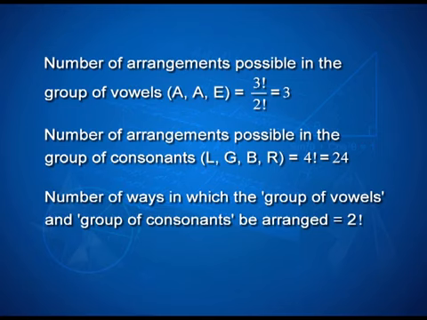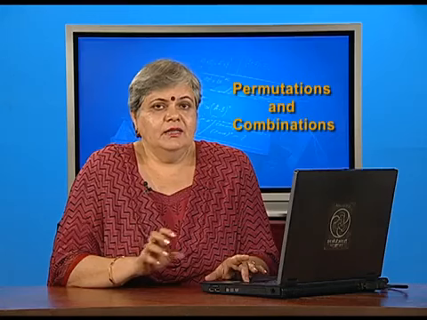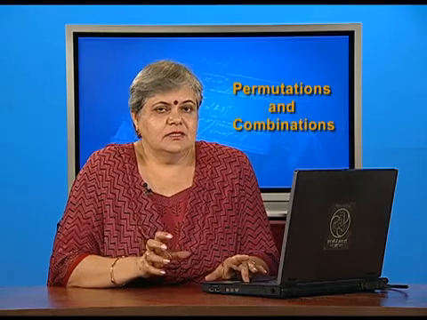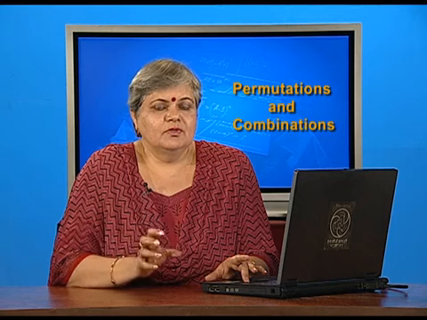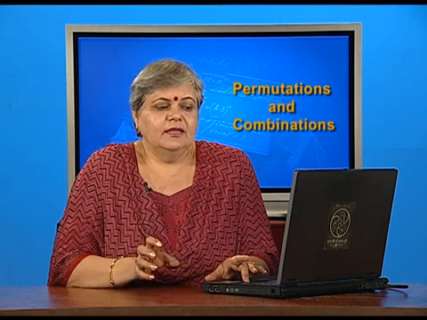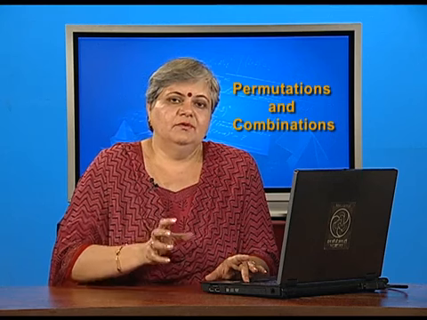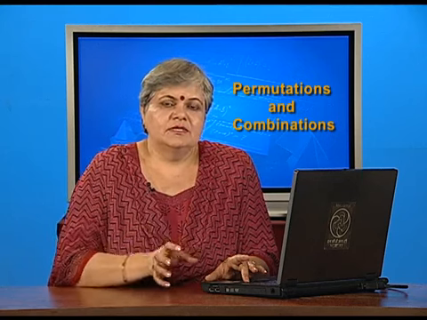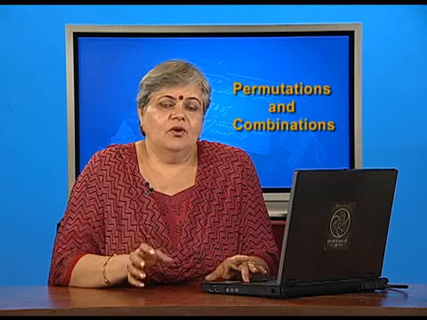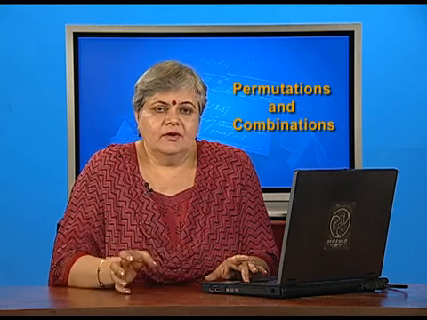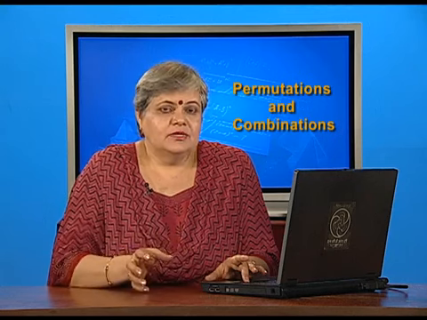And now, we have to keep the vowels and consonants together, but then they can be interchanged, that is, the group of vowels and group of consonants may be permuted, and that can be done in 2 factorial ways. So, you can have the word where all consonants are together first and then all vowels, or all vowels and then consonants. So, you have 2 such different ways.